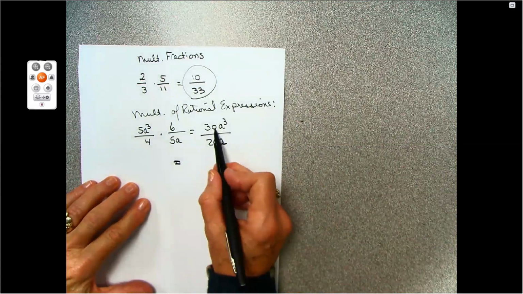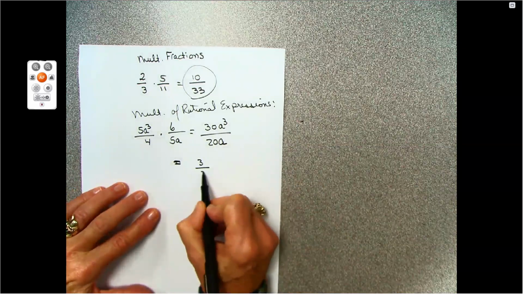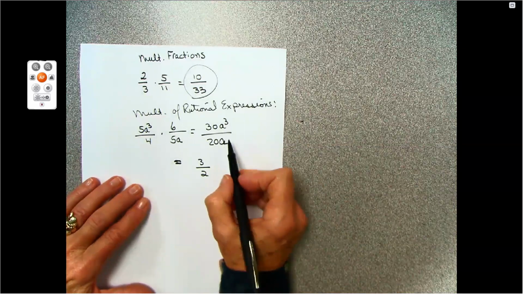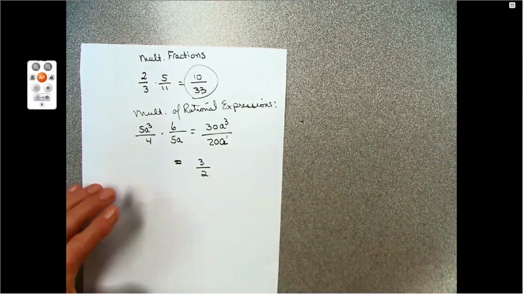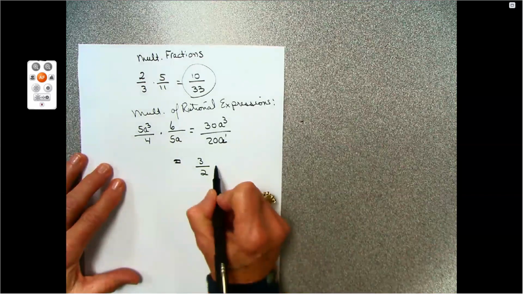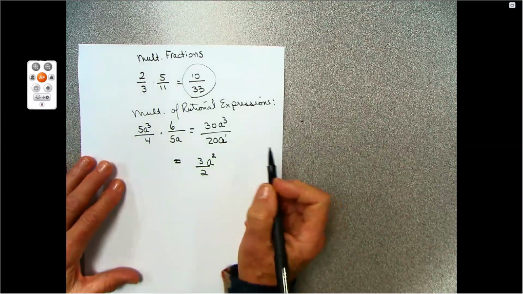Let's see, 10 goes into 30 and 20 evenly, for 3 halves. And with your rules for exponents, this is a to the first. So I'm going to subtract the denominator's exponent from the same base's exponent in the numerator, and I'll get a squared.